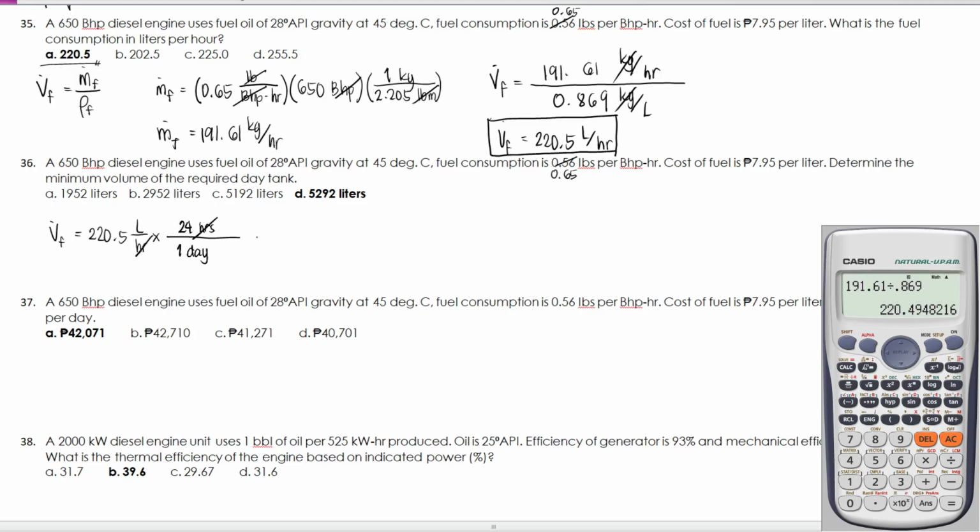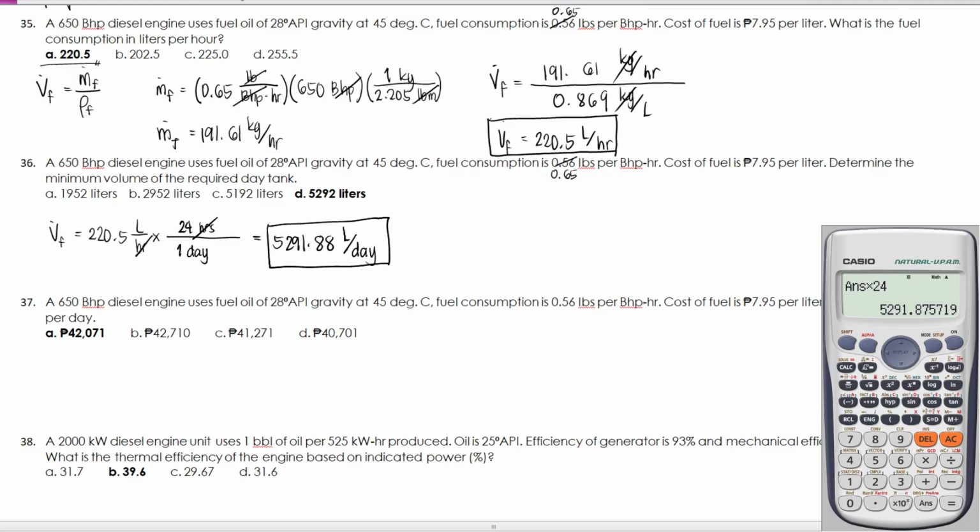Cancel this out. At ang ating magiging volume per day, so multiply na lang natin sa 24, that is 5291.88 liters per day, or that is approximately 5292 liters per day. Okay, so ganun lang yon, conversion lang from liters per hour to liters per day.